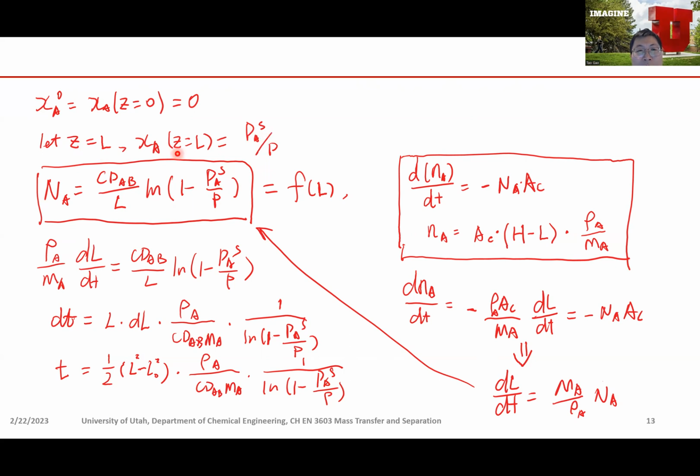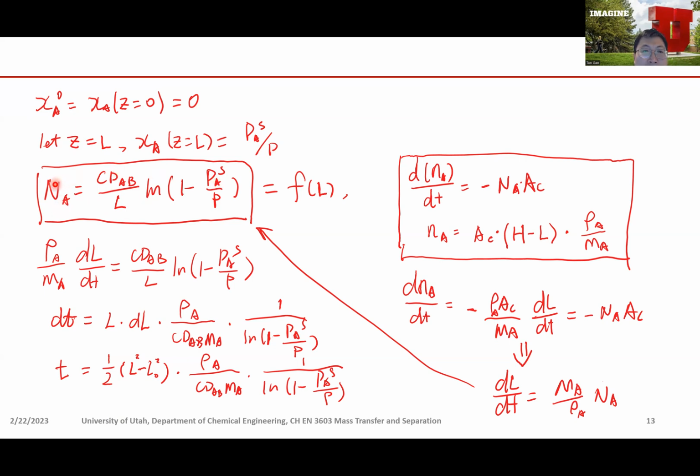So the mole fraction of water in the vapor phase at the interface equals the ratio of the saturation pressure of water divided by the pressure of the mixture. Now, if we plug these two into the flux equation we solved in the previous slides, you get this.